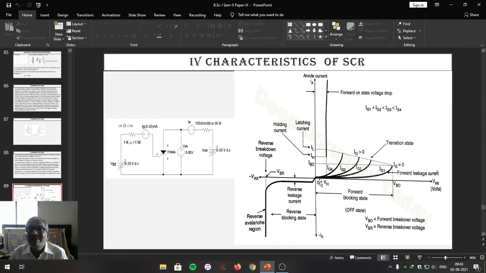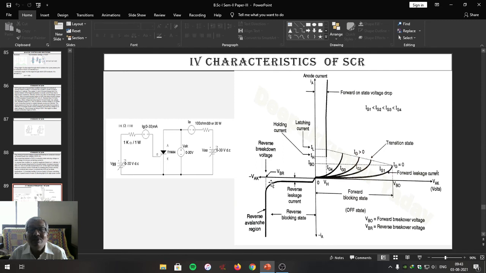At the beginning, when VAK is 0, IA is 0. When the anode to cathode voltage increases, the anode current due to minority charge carriers increases. After that, it remains constant, because across J1 and J3 there is a reverse bias and J2 is forward biased.